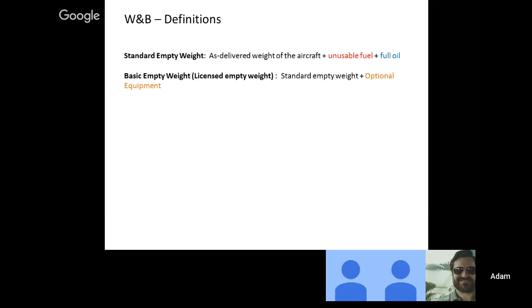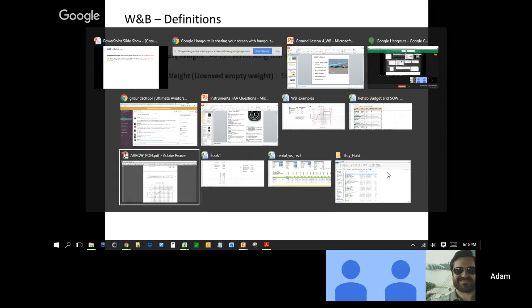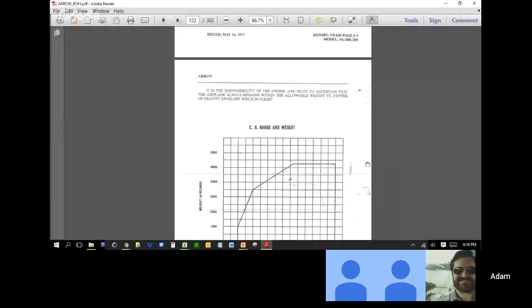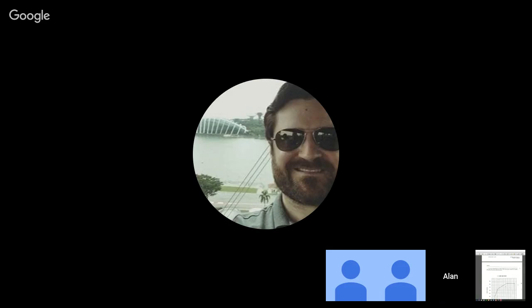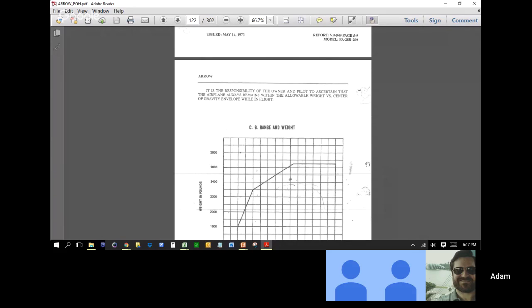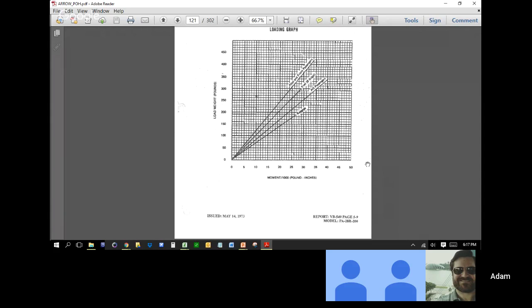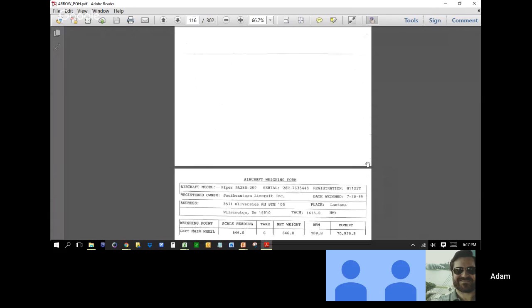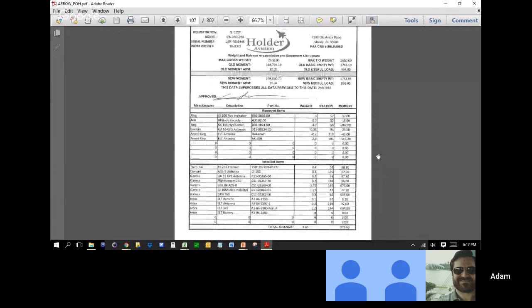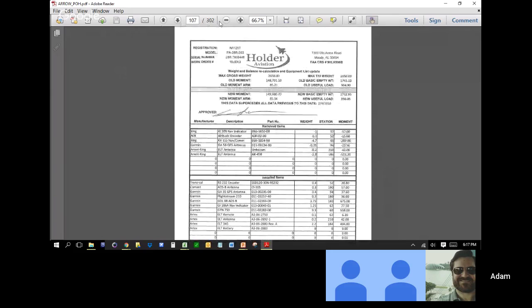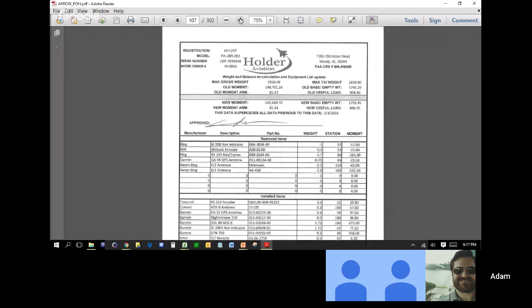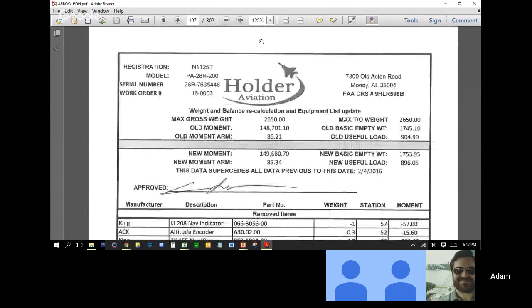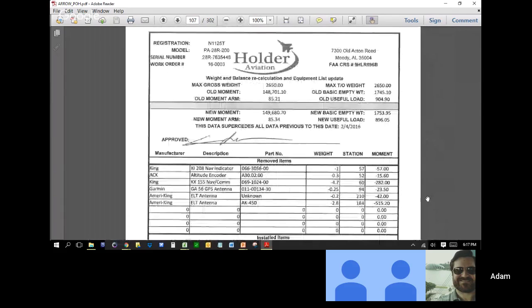And let's just go to the POH really quick. So this is a pilot's operating handbook for a 1976 Piper Arrow. And let's just go and try to find it. So this is in the pilot's operating handbook, and essentially this aircraft went through a major avionics upgrade.